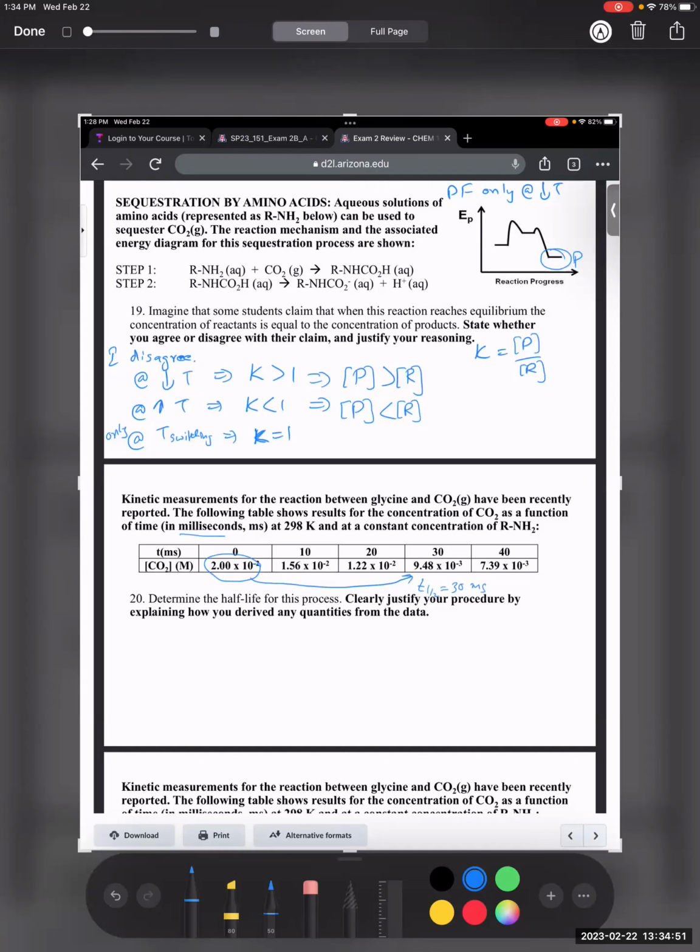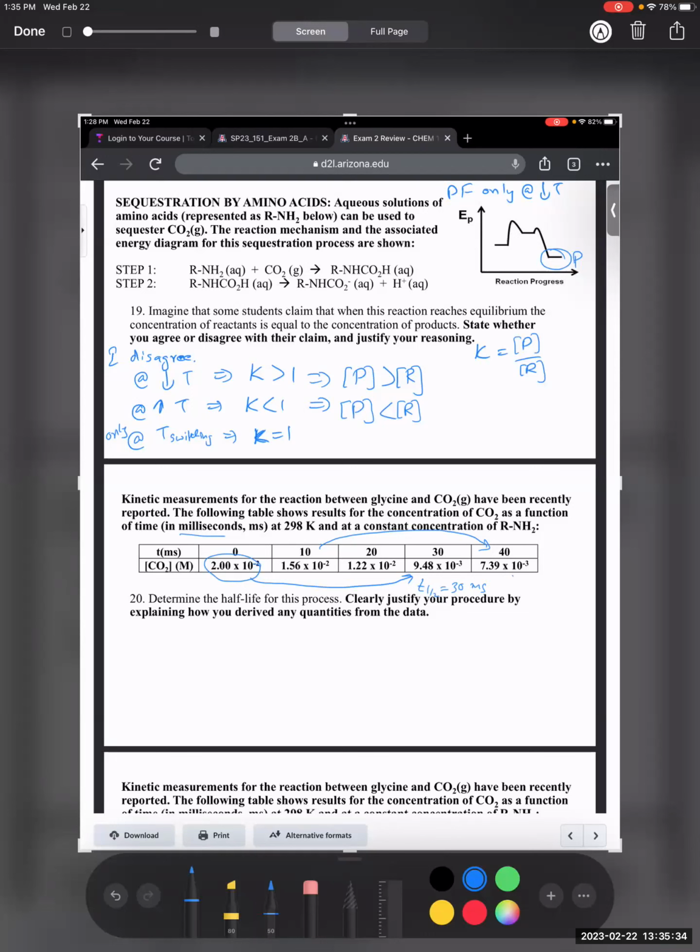Based on this, I see that when you go from 1.56 to this value, it is again about half of this concentration, because half of 1.56 is 0.78, something like 7.8 times 10 to the power of minus 3, which is closer to this.